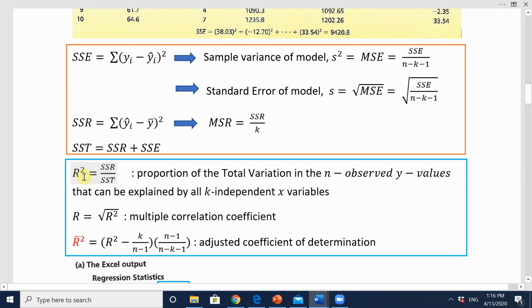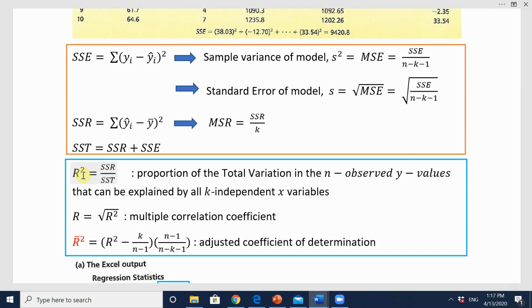So that is just the nature of multiple regression. The more independent variables that you put in there, no matter how much or how little these independent variables are related to your dependent variable y, by default, the R squared will overestimate the relationship between y and your independent variables.